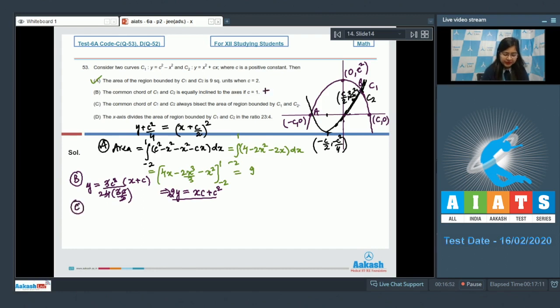Now option number C. The common chord of C1 and C2 always bisects the area of region bounded by C1 and C2. Right. So let's firstly find the total area.